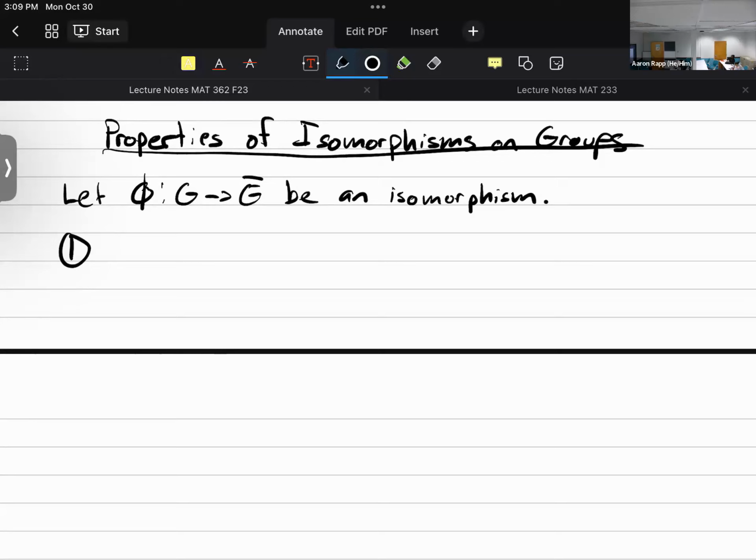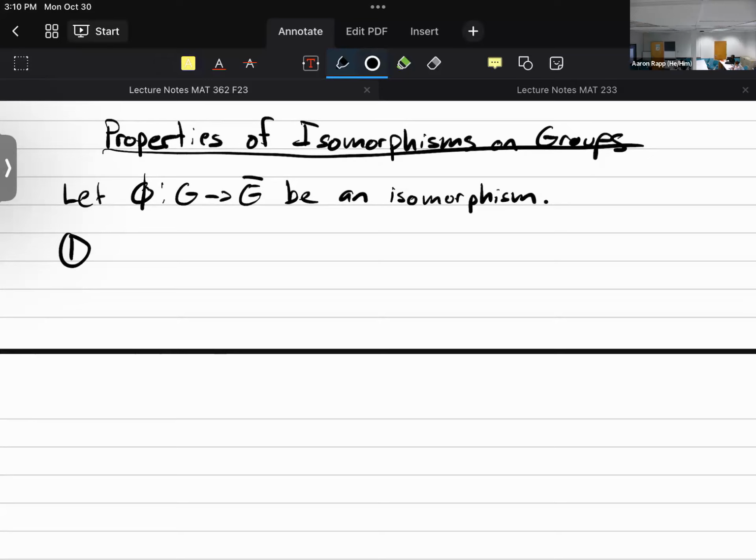Well, an isomorphism is a what? A bijective homomorphism. And we can just go back to algebra and a little bit of pre-calculus and say it's a bijective function. Then I also know the inverse of that function exists.